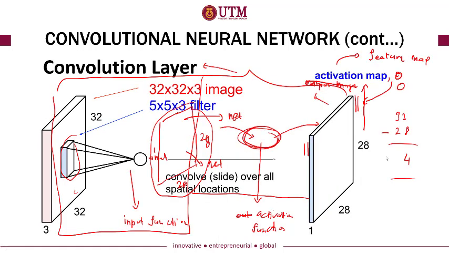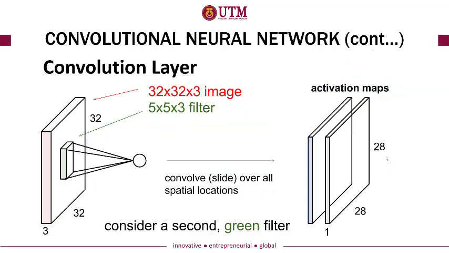Okay, so that is how you compute from this input color image by using a 5 times 5 times 3 filter. Again, the CNN does not depend on just one filter. Let's say you compute with another filter. Of course, this green one is a second filter where the size is similar.